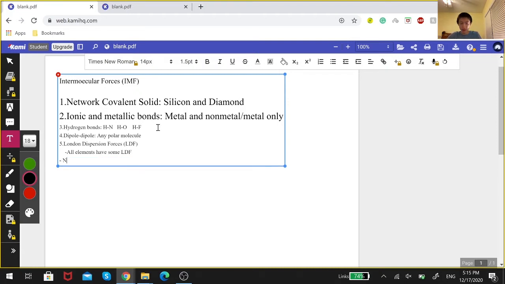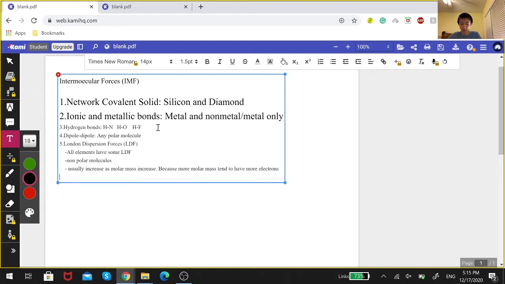They're mainly nonpolar and usually increase as molar mass increases, because more molar mass tends to have more electrons. And LDF increases as the electrons increase, because electron distribution is more easily disturbed.